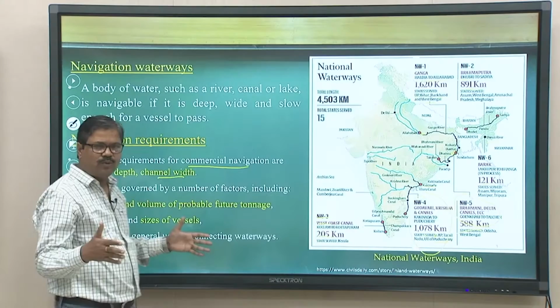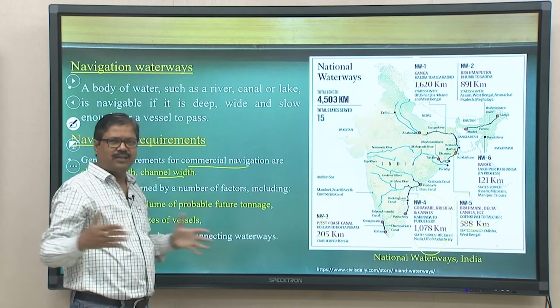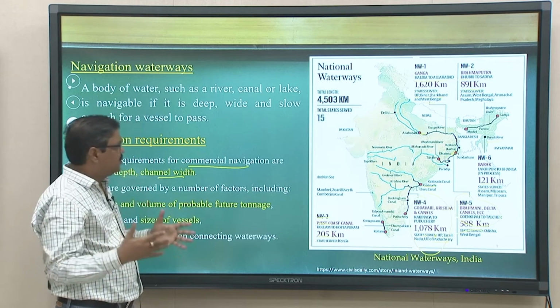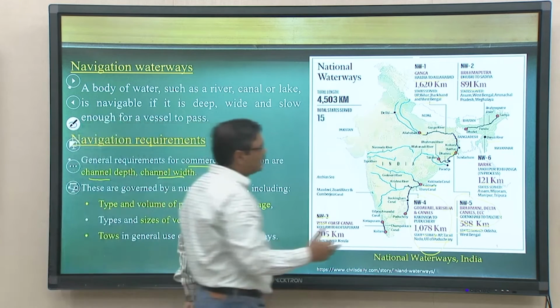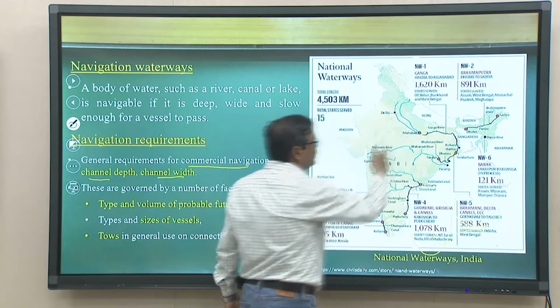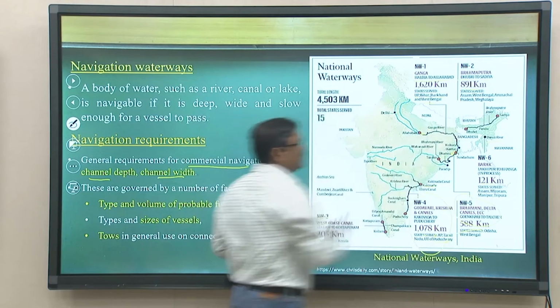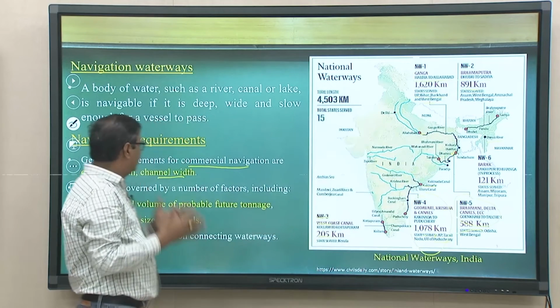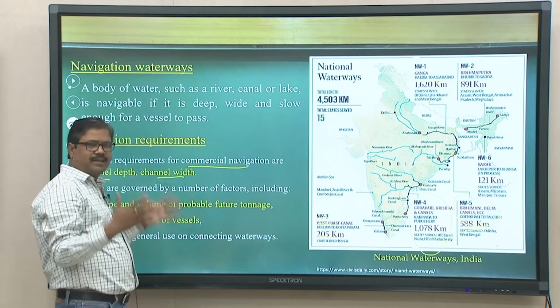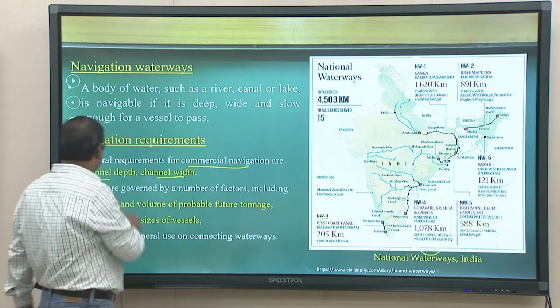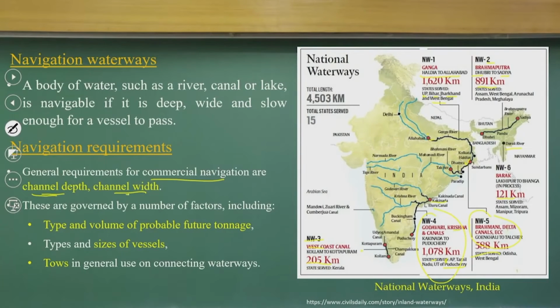Sufficient depth and sufficient width should be there, such that the vessels can start from Haldia and go to Allahabad, or start from Dhubri and go to Sadia. So, we need a minimum standard channel depth and width, such that the river is navigable and commercial navigation can be done.